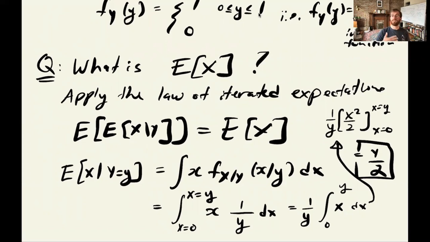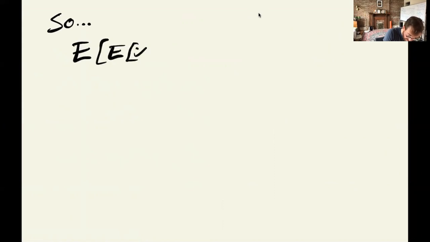So I've now figured out what is the expectation of x, assuming that y is some given value. So now I need to view this as a function of my random variable and now integrate over the density function of y, or just the PDF of y. So the expectation of the expectation of x given y.